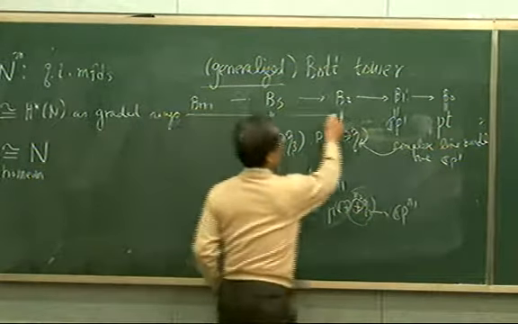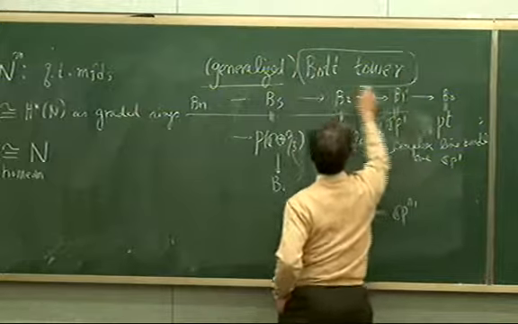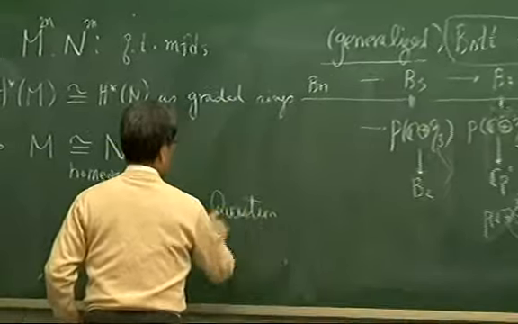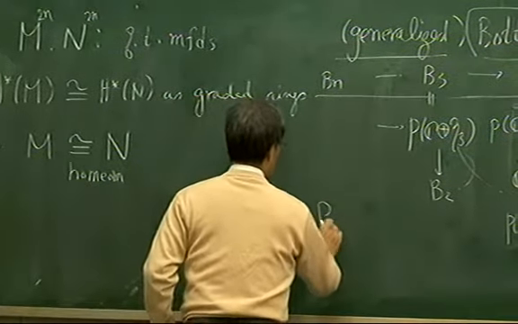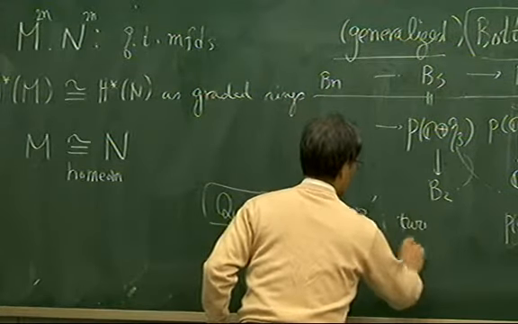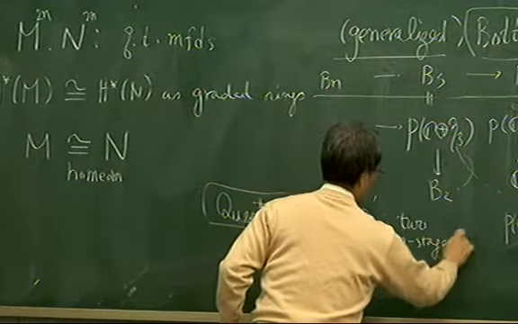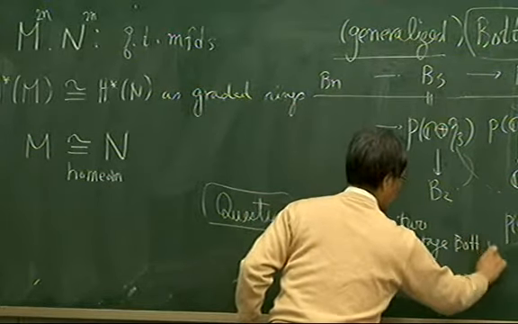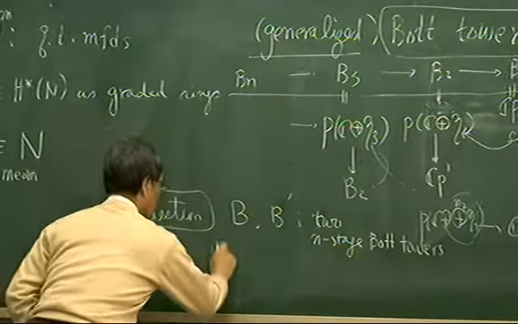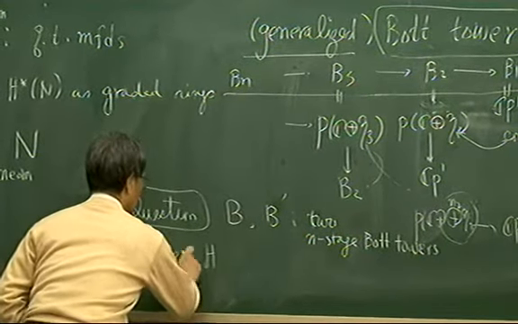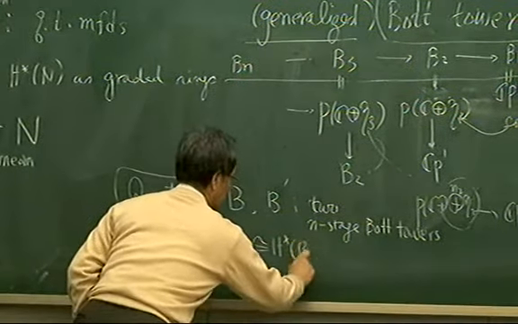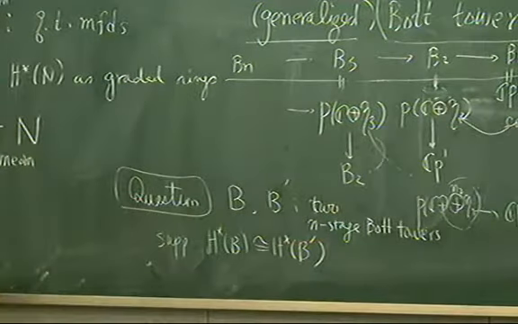Okay, even for the simple case, Bott towers, the question is: B and B prime are two n-stage Bott towers, Bott manifolds or Bott towers, doesn't matter. And suppose H star of B is isomorphic to H star of B prime as a graded ring.